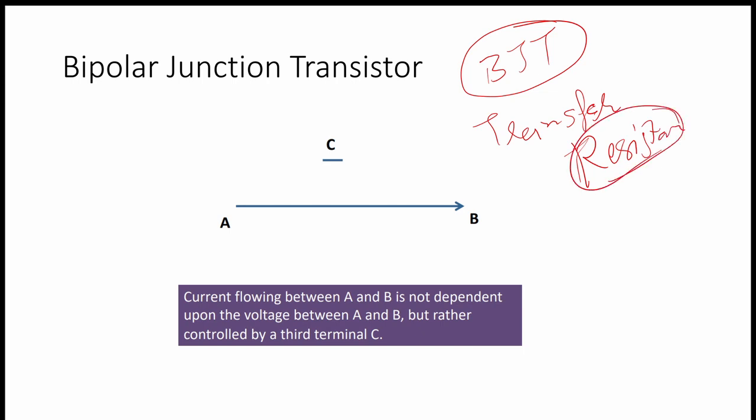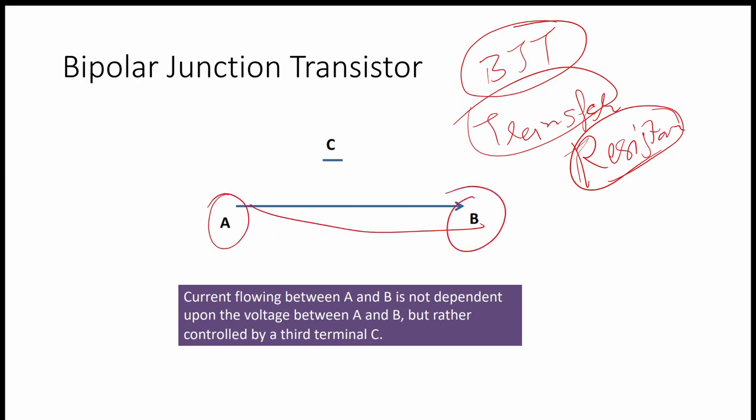Transfer resistance is like this: if we are applying a voltage or giving a current, it is transferring the resistance to the other two terminals. So it is controlled. The current between two terminals, terminal A and terminal B, is controlled by the third terminal.